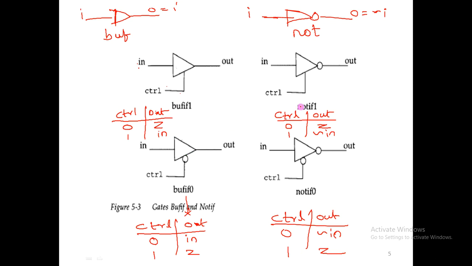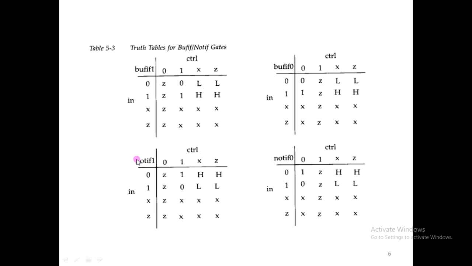So remember this: buff if 1, not if 1, buff if 0, not if 0. All these are Verilog primitives, predefined words. And the same thing has been explained here. Buff if 1: control is 0 means your output is Z. Not if 1 is also the same thing.